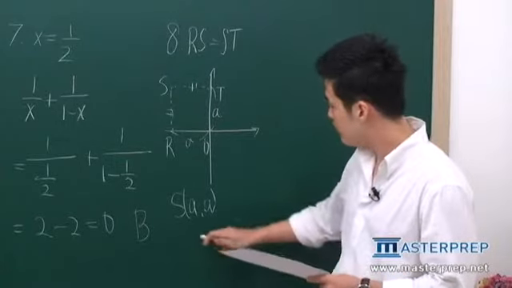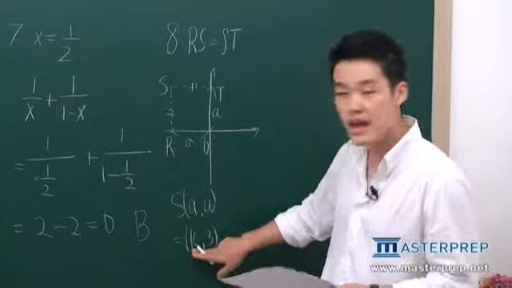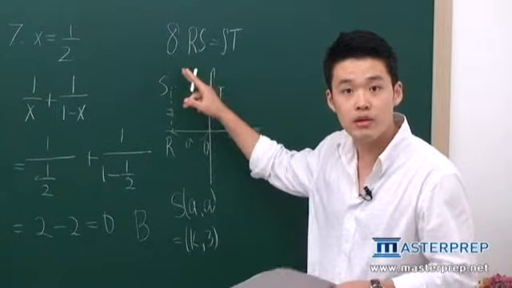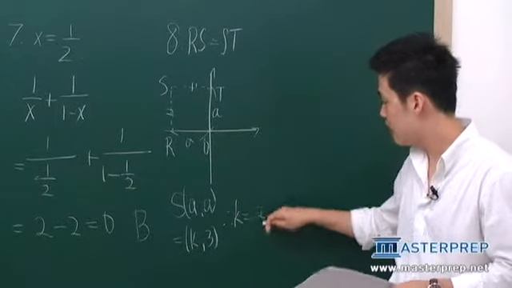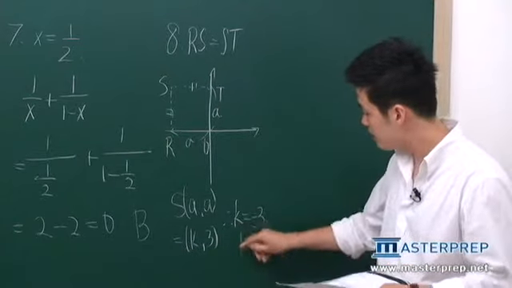Now, we already know that this is equal to K and 3, which means K must be -3. So go left by 3 and go up by 3. So K must be -3. So the answer that has the value of K as -3 is A.